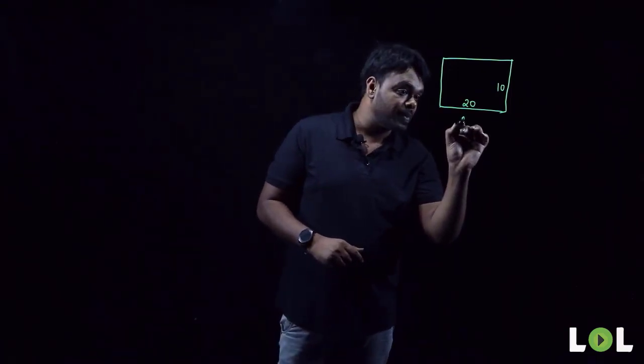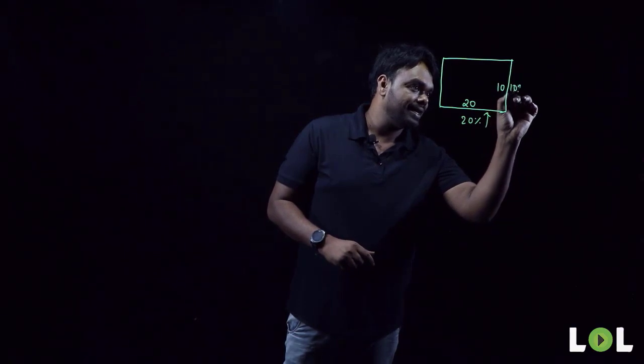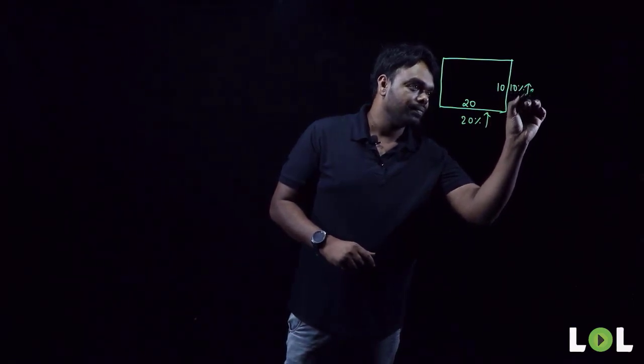Well, I did not give you the length or the breadth. Can we do that? Yes, of course. We can assume any value. So let's say our length is 20 and our breadth is 10. Now according to the question, length increases by 20% and breadth increases by 10%, right?